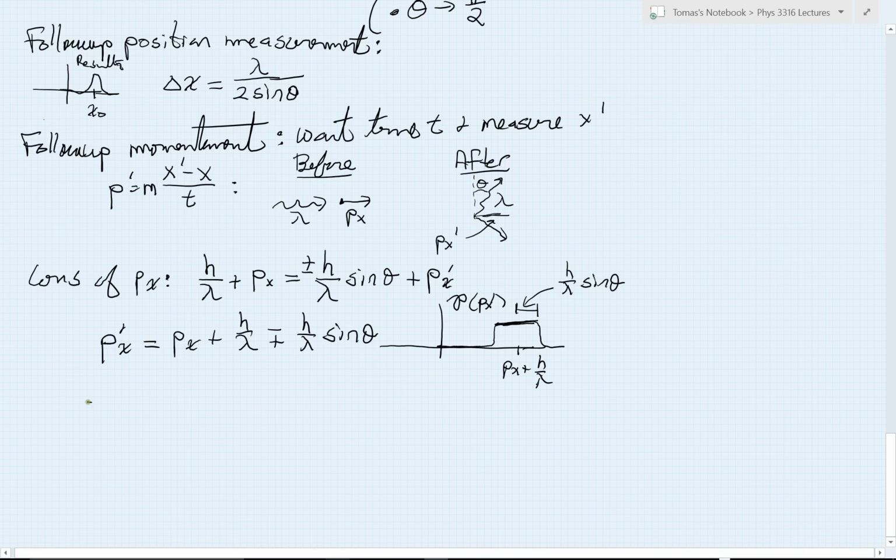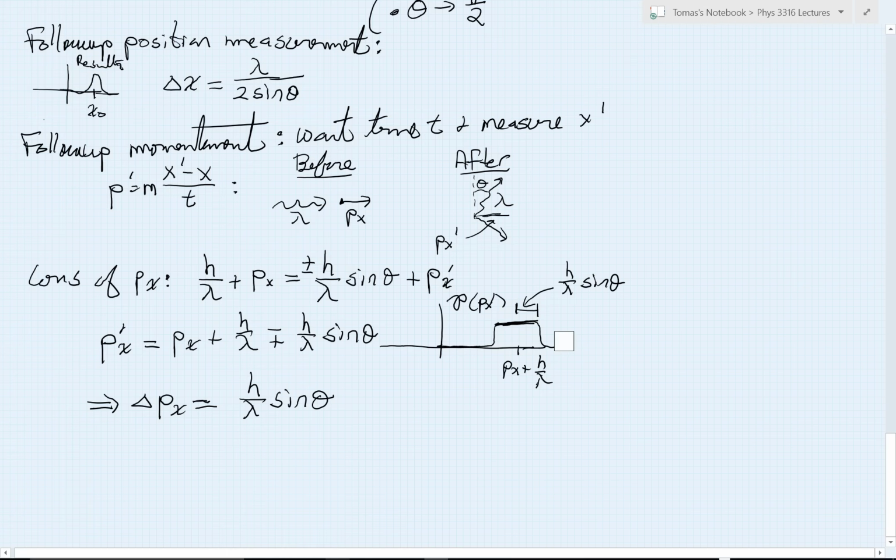So therefore, the follow-up measurements are giving me a range of x components of my momenta that are about equal to h over lambda times sine theta. Now, once again, this is the last time I'll emphasize this, but remember, I haven't defined this probability distribution.